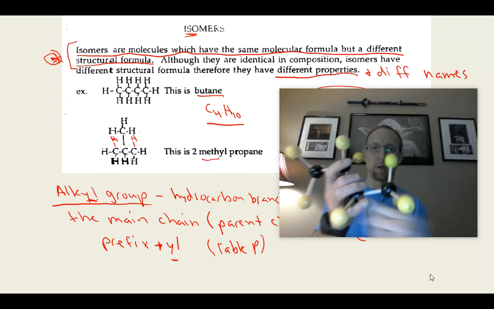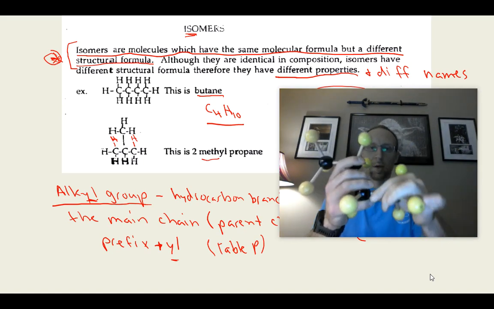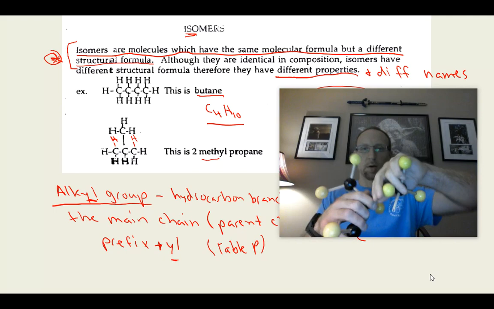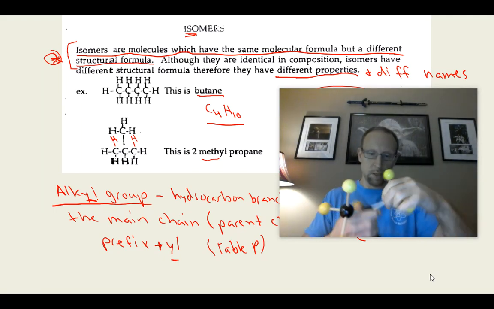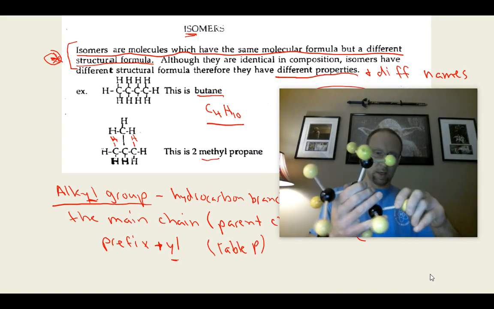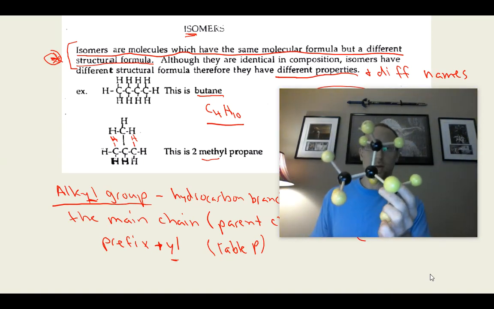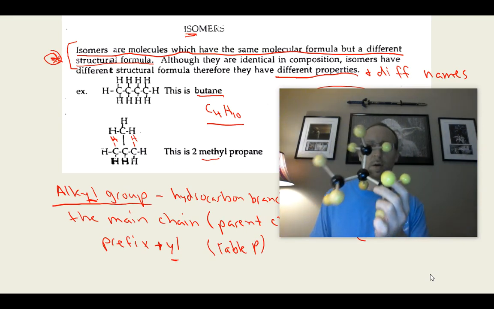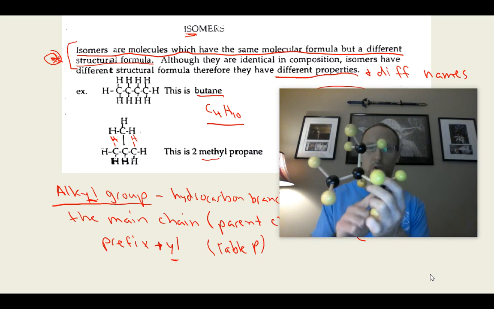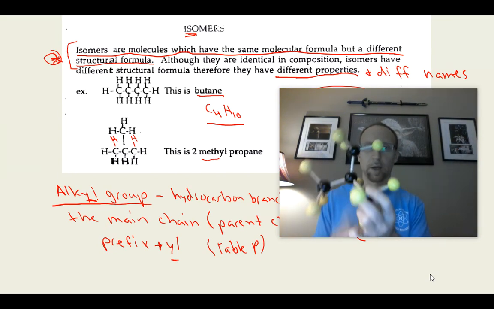So the other one, this 2-methylpropane, this is structurally different because now I have to take it apart to make it. And I get this. So this is our 2-methylpropane. And we'll learn how this works here.